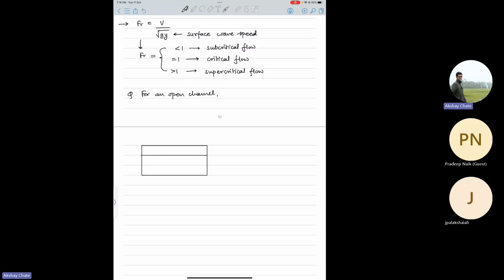Anyway, so I will make it as... So this is your open channel flow, and this dimension, let's say, is 1 meter, this dimension is, let's say, 10 meters, and average flow velocity across the channel is, let's say, 2 meters per second.